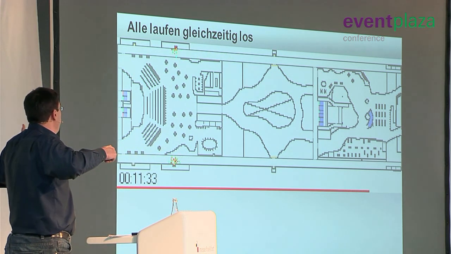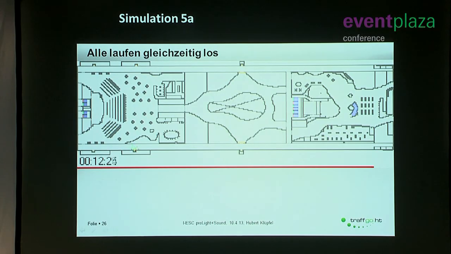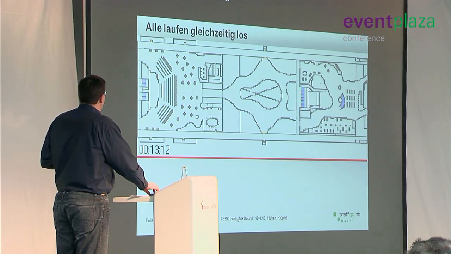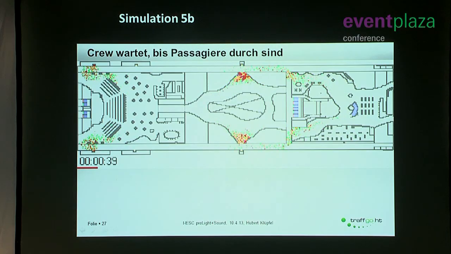These are the agents, as I call them, the people in the simulation. The green ones go to the escape route, and then to the point where they can embark on the escape boats. In another case, the crew waits until the passengers have left the boat. That is exactly the same thing that is happening here.